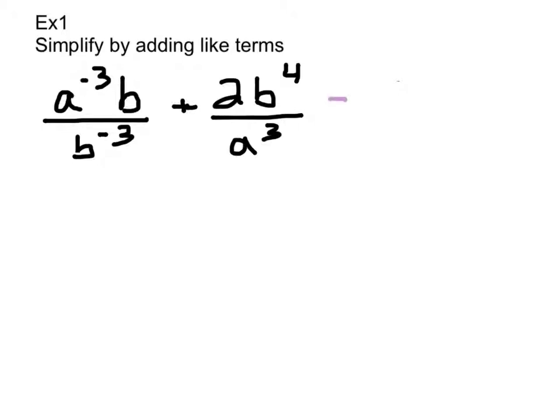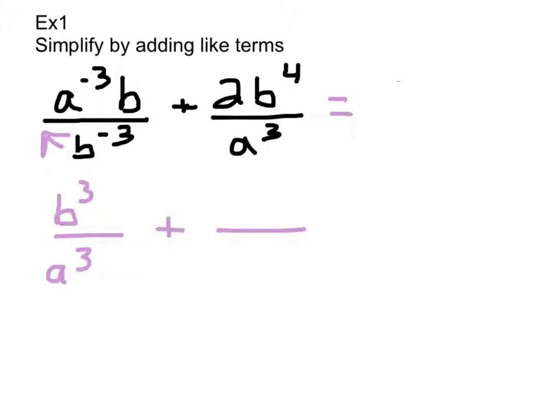So somehow we've got to see if we maybe do have like terms. So one method is to rewrite everything with positive exponents. So as I look at this, I'm going to have my fraction bar plus my other fraction bar. Now I'm going to notice the a to the negative 3 on the top here. I'm going to drop that down and it becomes a cubed, doesn't it? Now I'm going to move the b to the negative 3 up and it becomes b cubed.